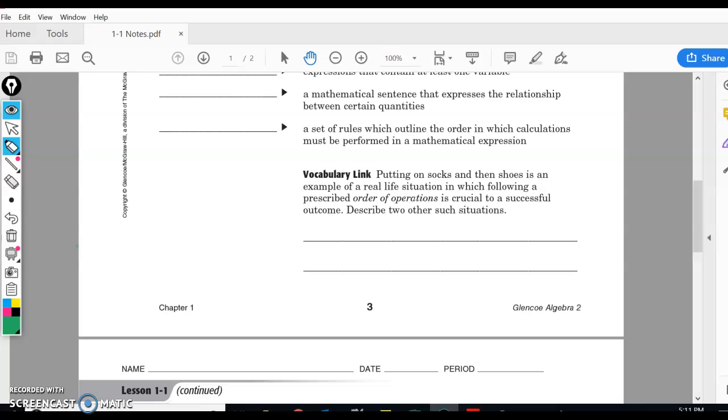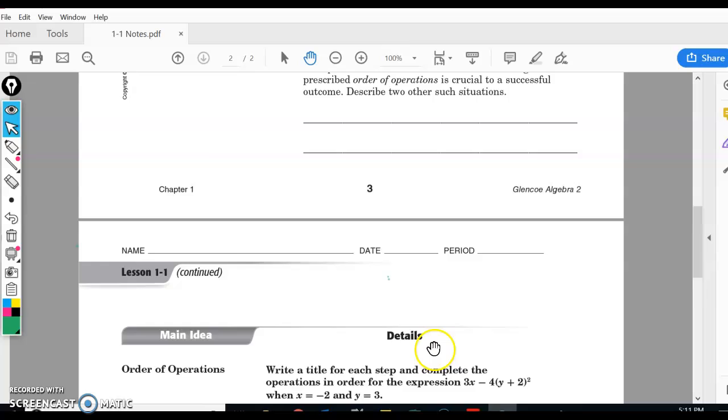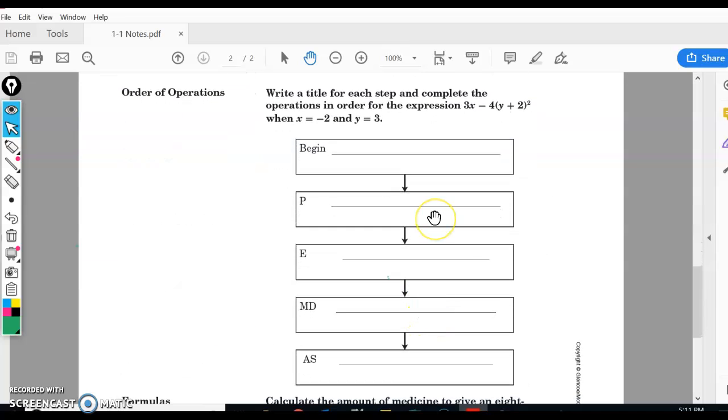Another situation that you could think of is turning on the oven before you bake something. You can't bake and then turn on the oven. So think about another example you can think of where you need a process to follow one before the other. Let's go on to the next page.